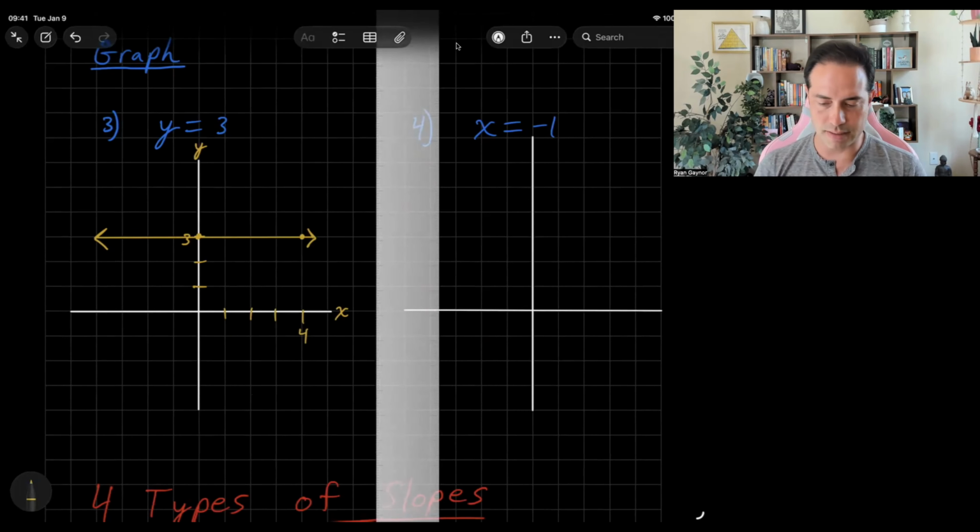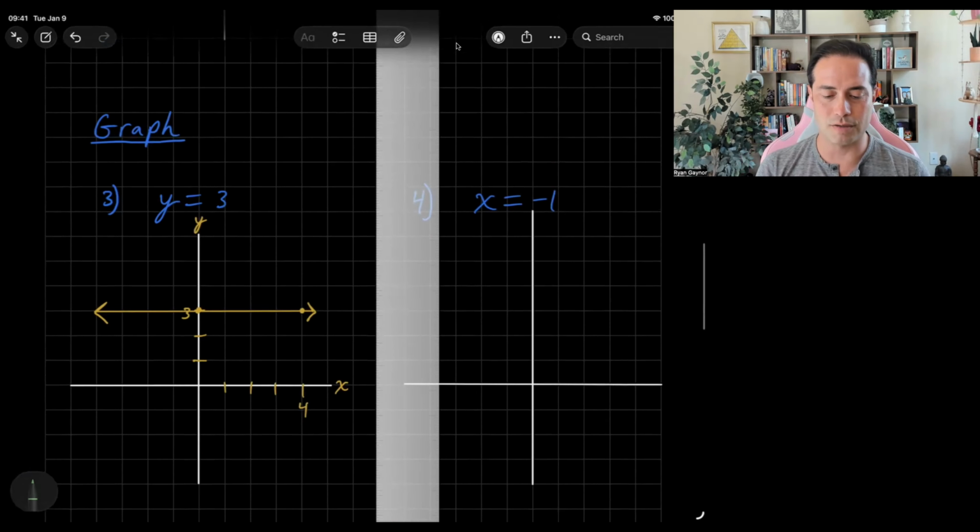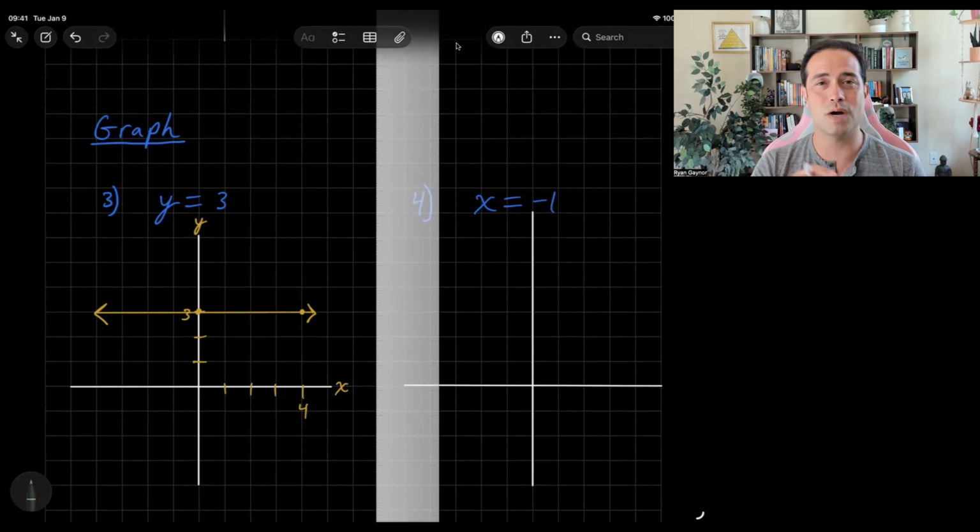Okay, now in this last one, well, the one we just did, that's a horizontal line, so it's a 0 slope, right? And there's a reason why it's called 0 slope as well when you look at it visually. When it says y equals 3, well, what are we missing? The mx. Well, if the m is 0, it would be 0 times x, so it wipes it out.